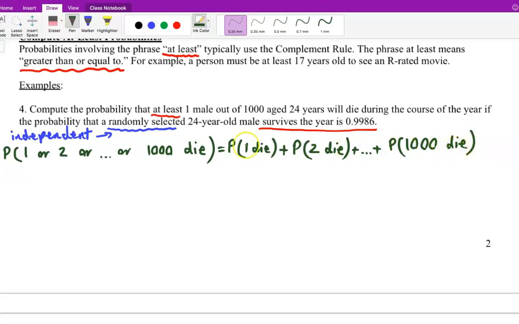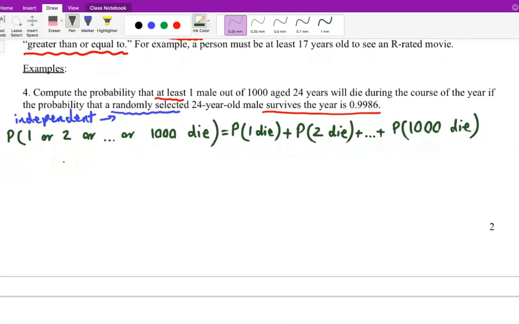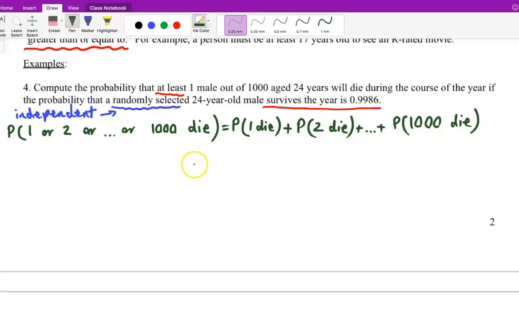So this is what they ask you to find. And what we don't have here is only none. None is not here.